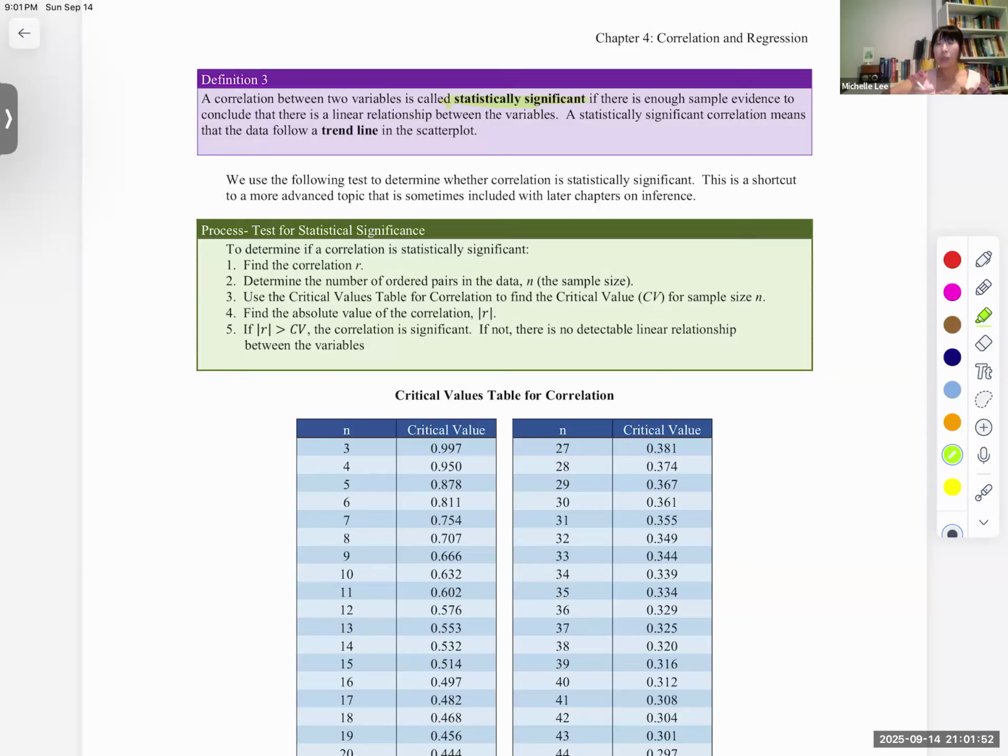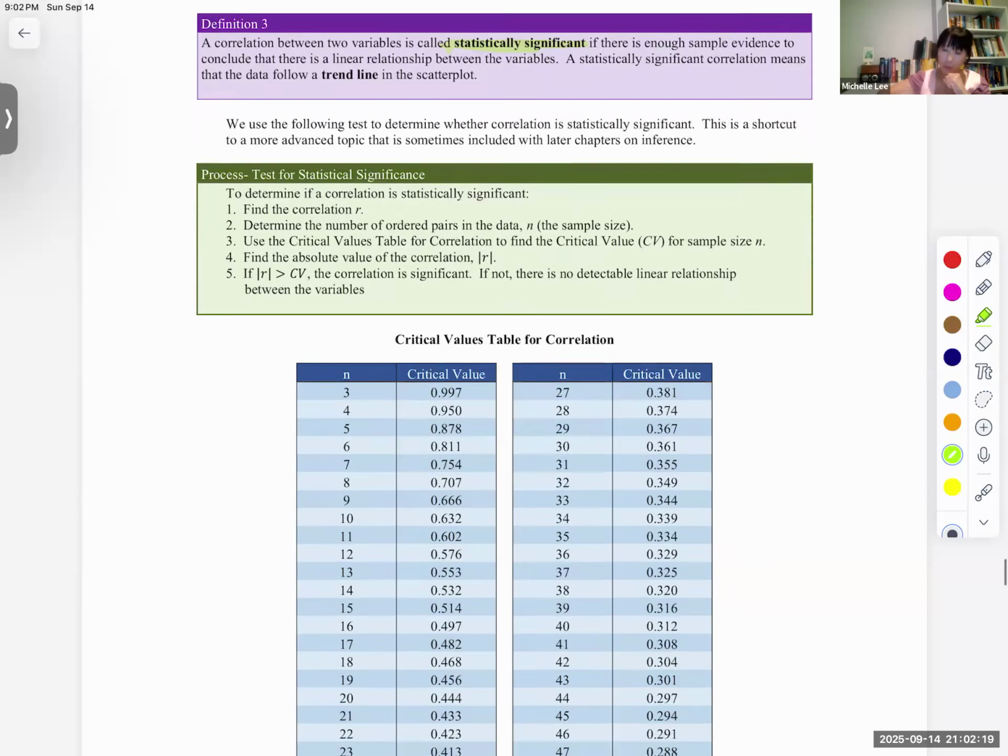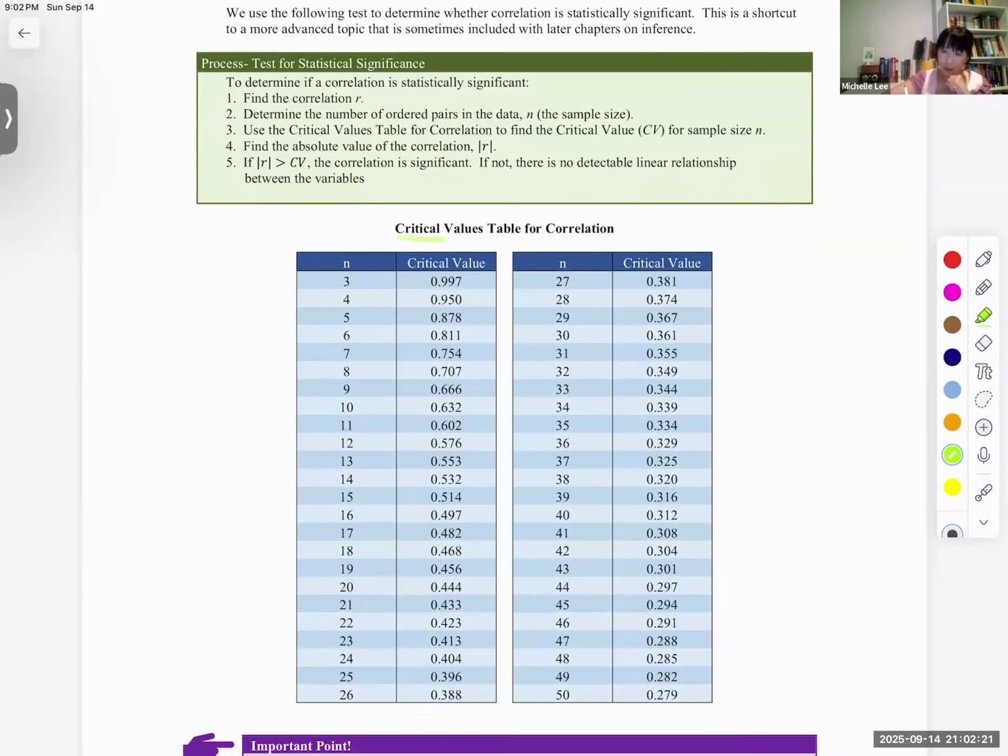Direction means whether it goes positive or negative. Strength means whether it is strong, moderate, or weak. The absolute value gives us only the positive number, so we compare only the numbers. How do we compare? We compare with the critical value with the same sample size.